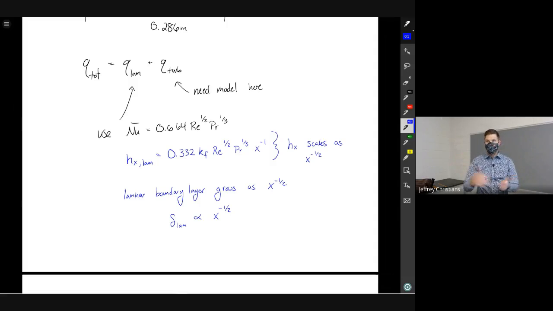There was other stuff in there too, but it was growing as x to the minus 1/2. That's also how h scales. So if we're looking at turbulent flow, we want to look at how the turbulent boundary layer grows. And h is going to scale similar to that.